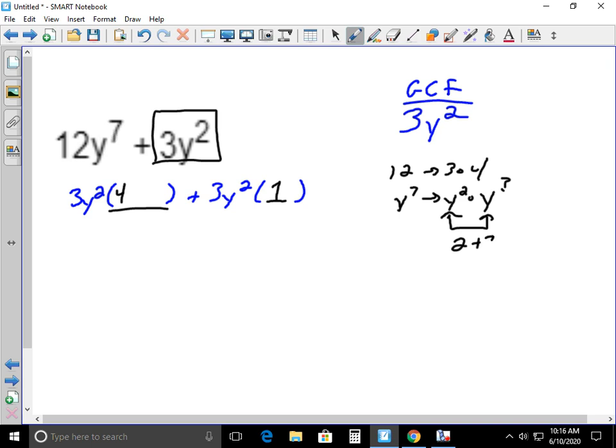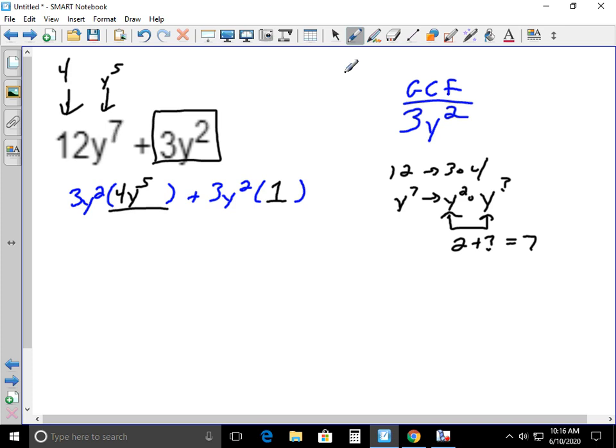So 2 plus what makes 7? Well, 5. So y to the 5th. In other words, if we take 2 y's out of that, we're left with 5. If we divide out a 3 from that, we're left with a 4.